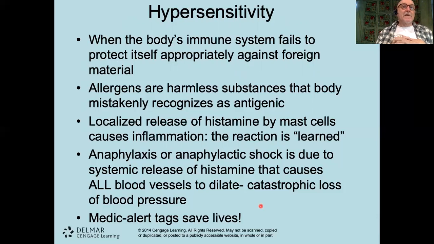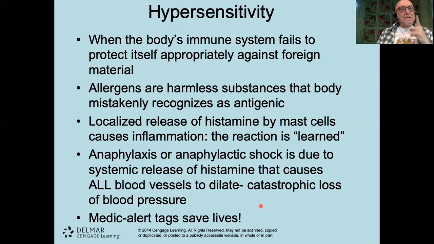So if you think of, for example, grass pollen. Well, what damage can grass pollen do to us? Can't do any damage to us at all. It can't infect us. It can't bite us. Can't do anything. It's just grass pollen, that's all. But our immune system, for some reason, can sometimes see grass pollen and treat it as if it was a pathogen.